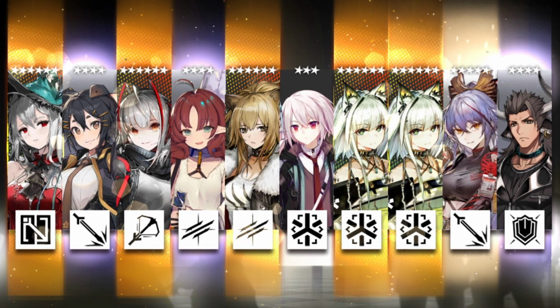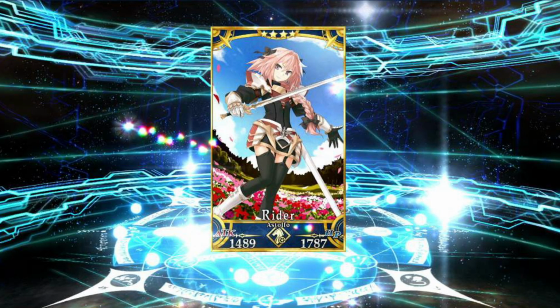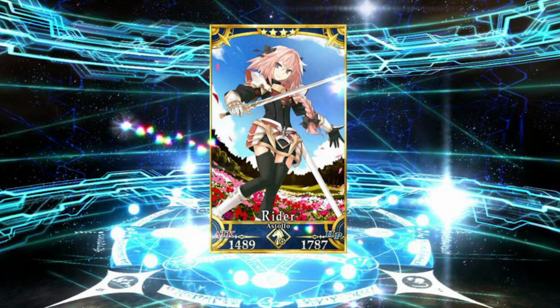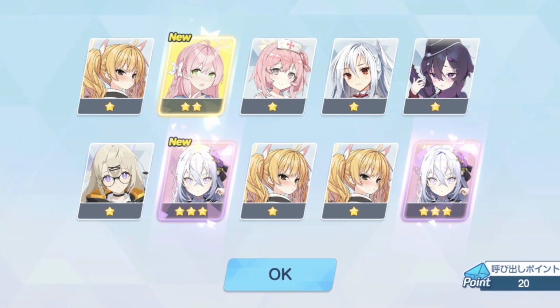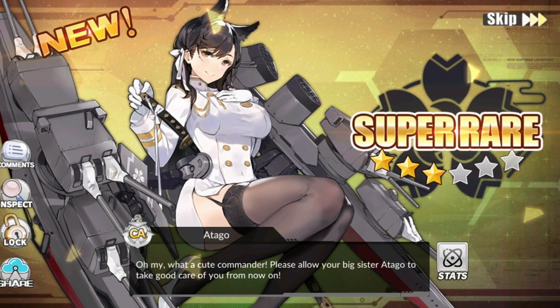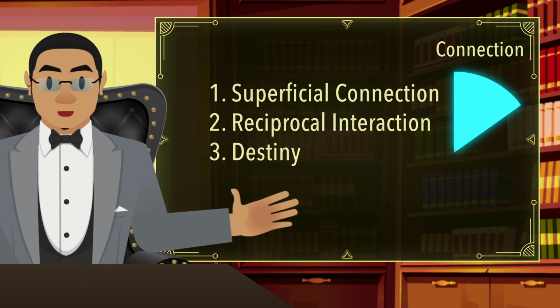In gacha games, the random draw mechanics actually add to the value of the waifu, because if you're lucky enough to draw your favorite waifu, then it creates a sense of destiny. Even if you ended up opening your wallet and spending real money, it creates the sunk cost fallacy. If you have spent your resources on obtaining something, then it had better be good. Otherwise, you would just be a fool who had wasted his money.